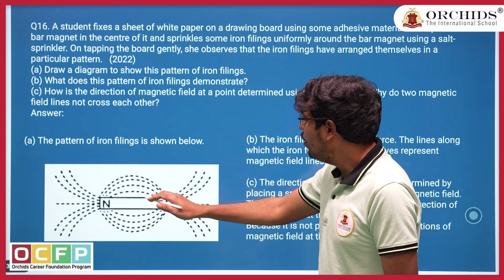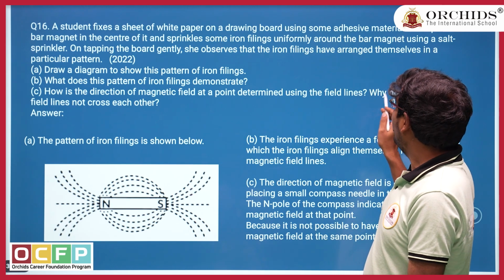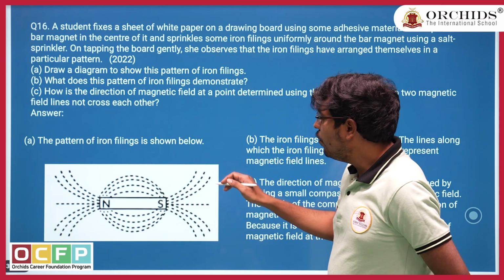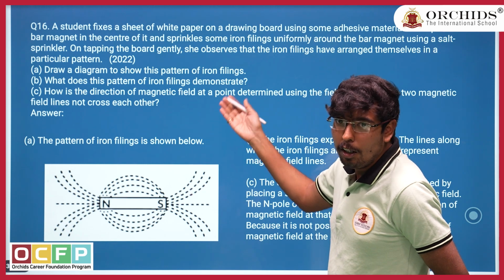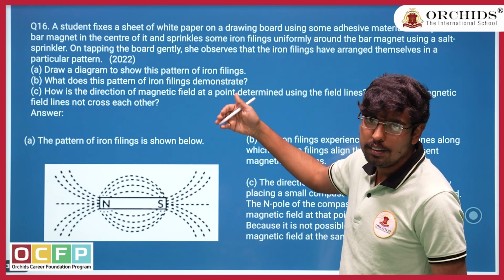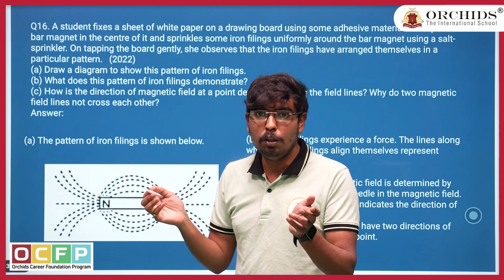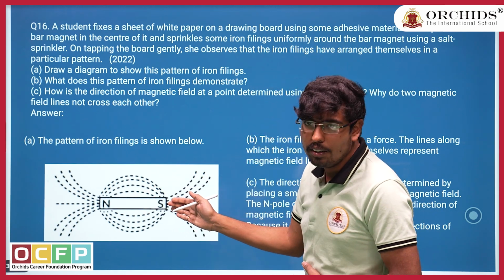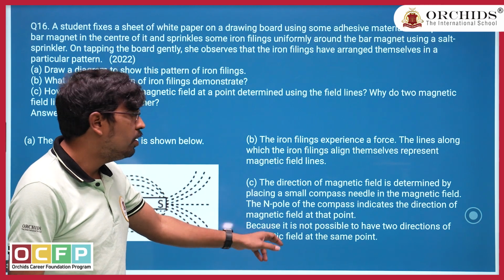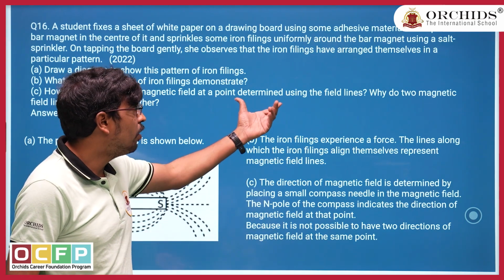So this is how we will do it. But they were also asking why two magnetic field lines do not cross each other. This one is again repeated from the previous years, the previous questions which I discussed. They cannot intersect each other, because once they intersect, we would have two different magnetic field directions at that point, which is not possible. So that is the answer we have to write for the third one.